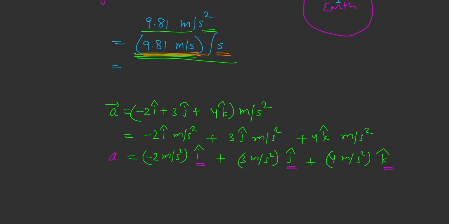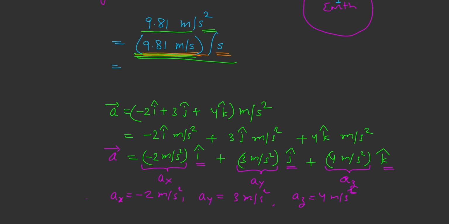So this minus 2 is the x component of acceleration, this is the y component of the acceleration, and this is the z component of the acceleration. So from here you can write ax is minus 2 meter per second square, ay is plus 3 meter per second square, and az is 4 meter per second square.